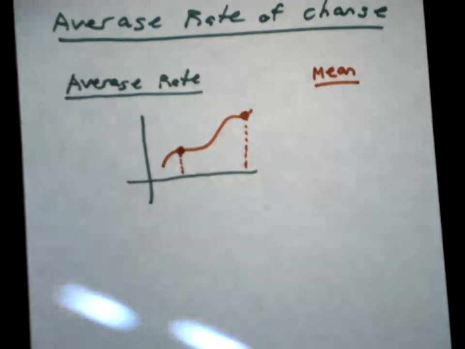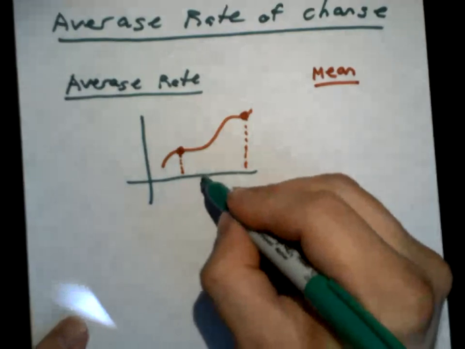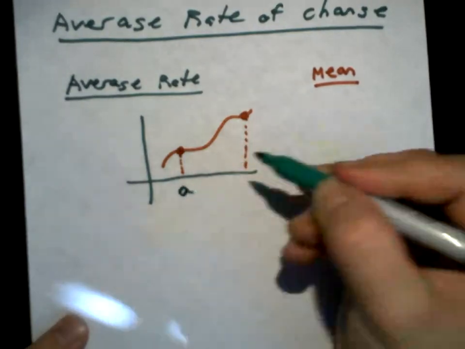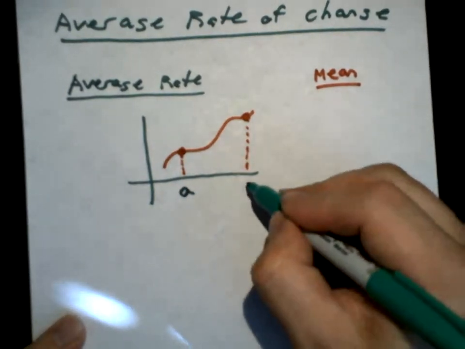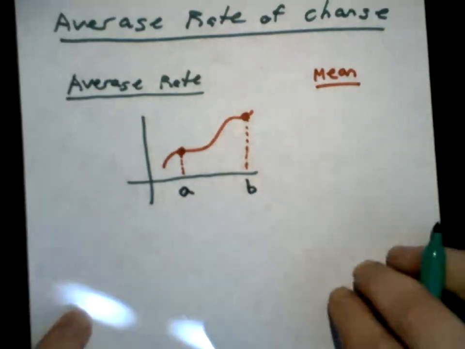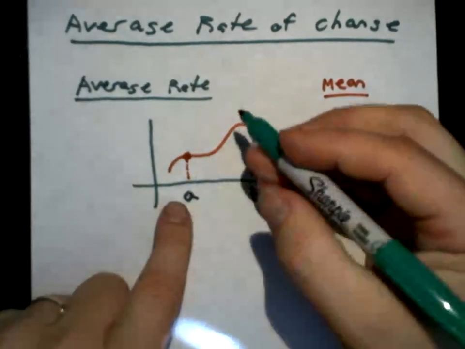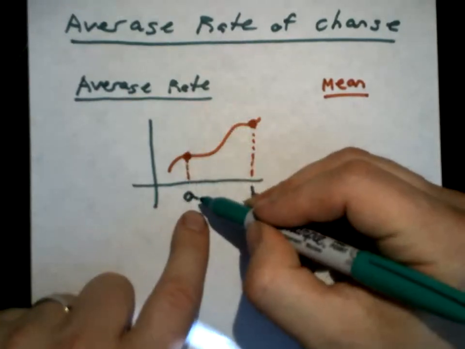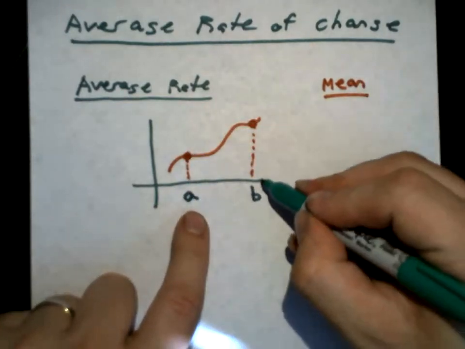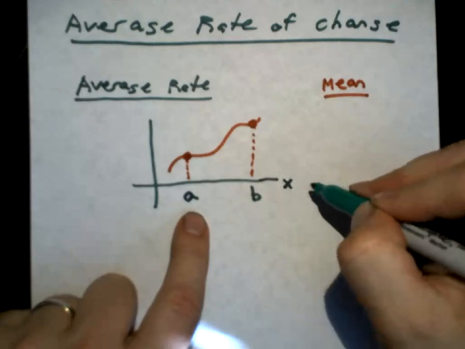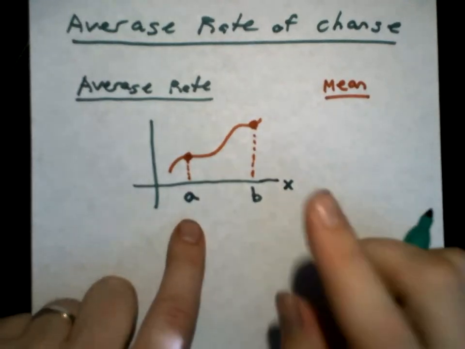So you want to look at this. Let's say I call this A, and let's say I call this B. So I have my function, and at this point, I'm going to call it A. You're probably thinking, can I just call it X because this is the X axis?